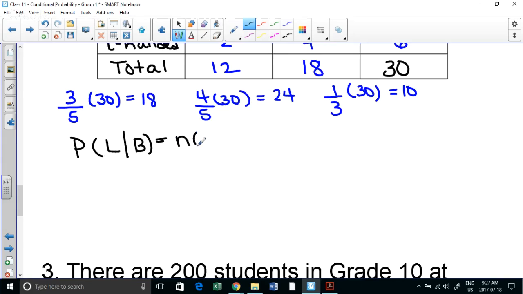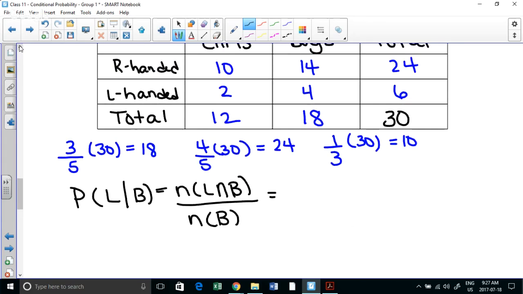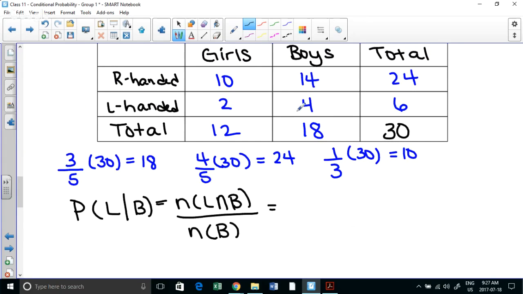So we know that this is the number of the intersection between them and the number of boys. So how many left-handed boys are there? There are 4. How many boys total? There are 18. So this is 2/9 or 22.2%.